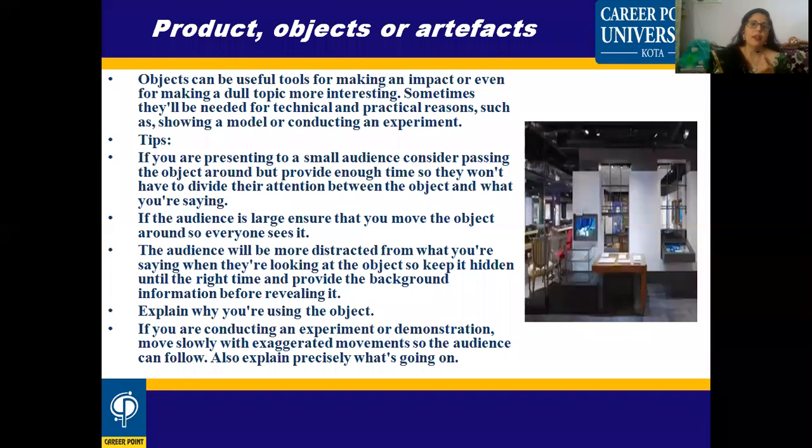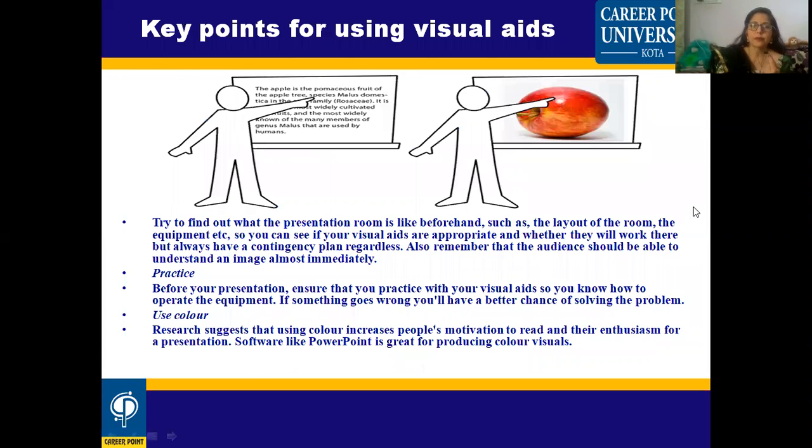Once you are elaborating about that particular object, at that time the object should move among the audience, and each and every one should get a chance of minutely observing that particular object that is a part of the presentation.